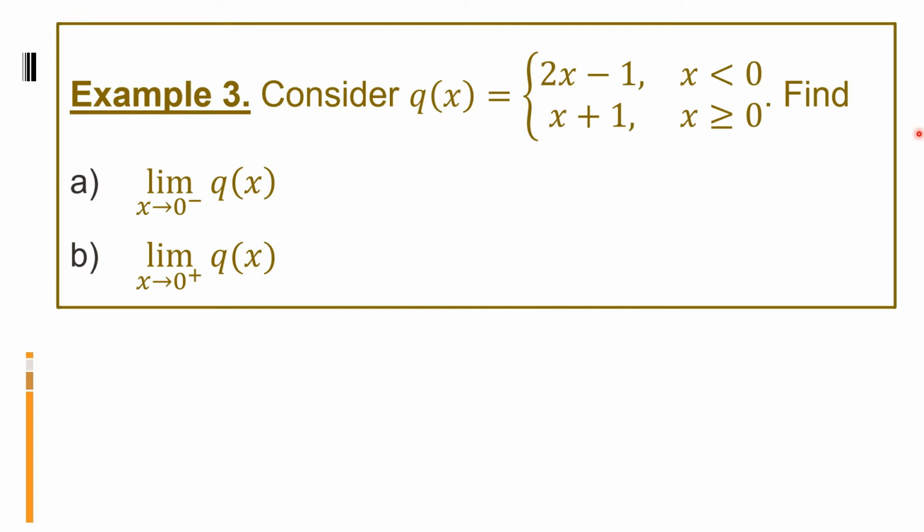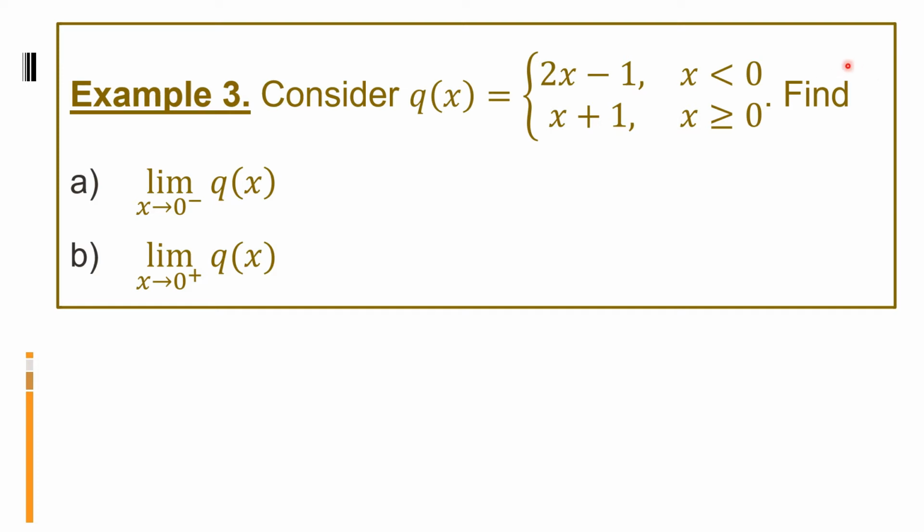So this time, hindi na given yung graph but the equation. So let's consider q of x to be the piecewise function 2x minus 1 whenever x is less than 0 and x plus 1 whenever x is greater than or equal to 0. Let's find the limit as x approaches 0 from the left of q of x and the limit as x approaches 0 from the right of q of x.